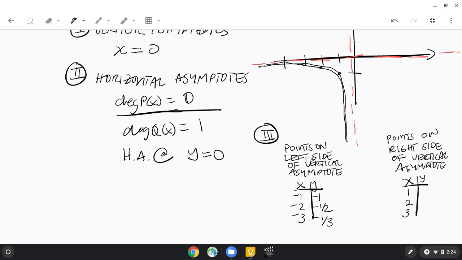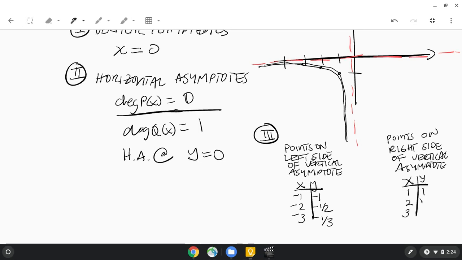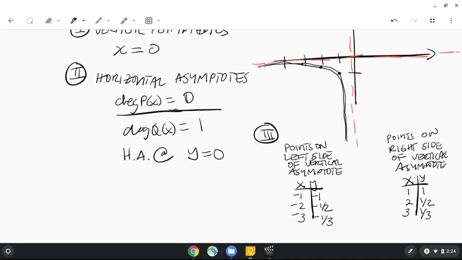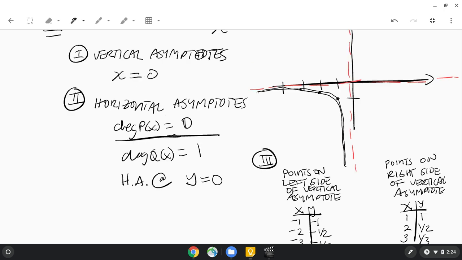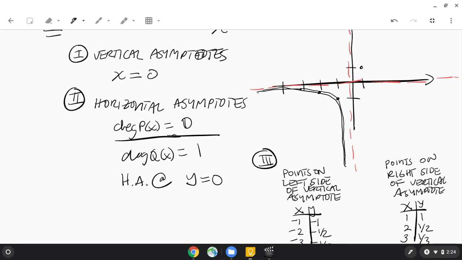All right, so 1 over 1 is 1. 1 over 2 is 1/2. And 1 over 3 is 1/3. So over here on the right side of the vertical, at +1, I get 1. At +2, I get 1/2.